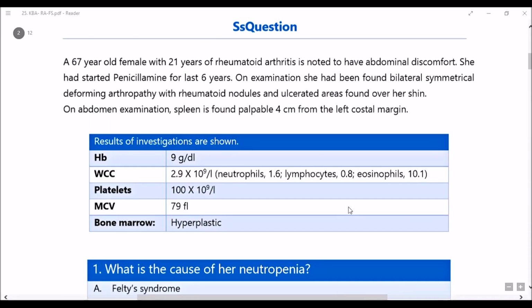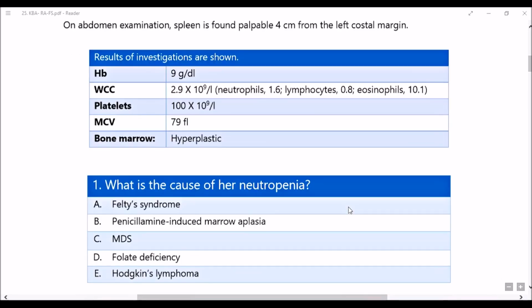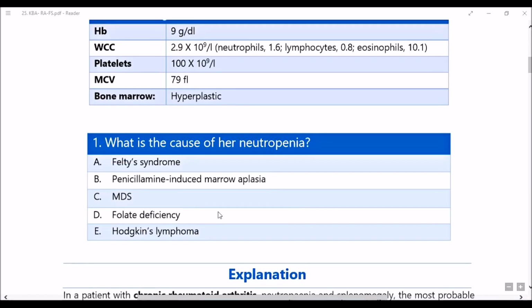So let's see how we can apply our knowledge in the question-based approach. According to this KBA or QBA, we need to read the first step: what is the cause of our neutropenia? The options are Felty syndrome, penicillamine-induced myelodysplasia, MDS, folate deficiency, and Hodgkin's lymphoma.